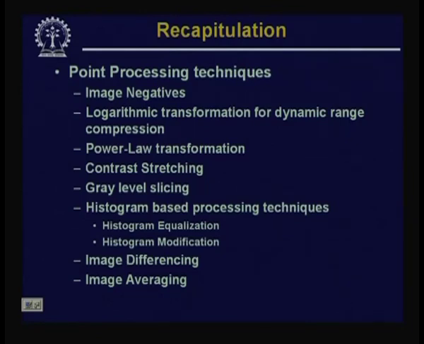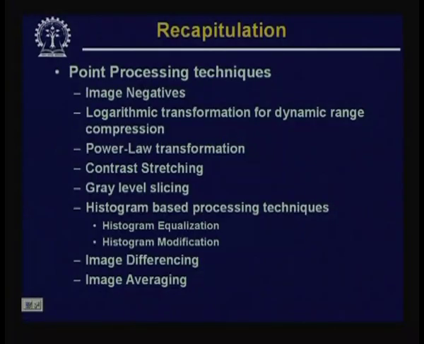The second operation that we have done is the logarithmic transformation for dynamic range compression. We have done this because we have seen that in some cases the dynamic range, that is the difference between the minimum intensity value and the maximum intensity value of an image, is so high that a display device is normally not capable of dealing with such a high dynamic range.